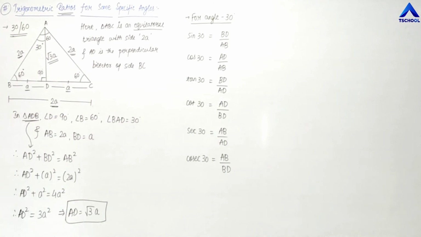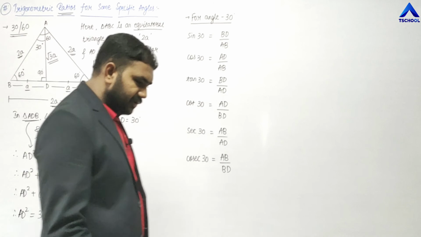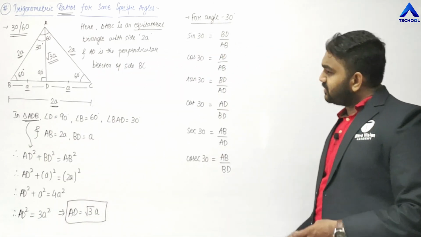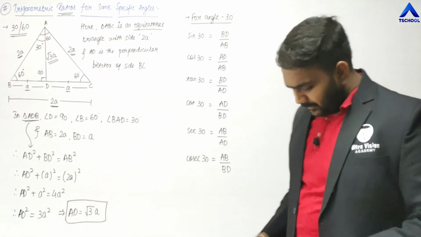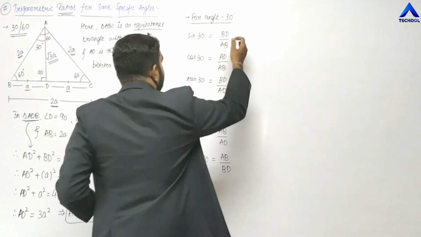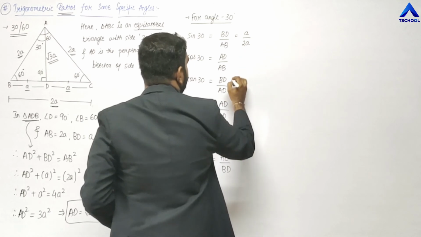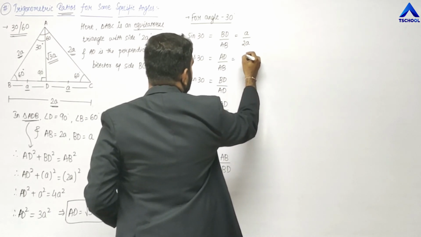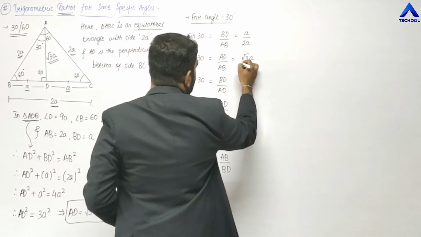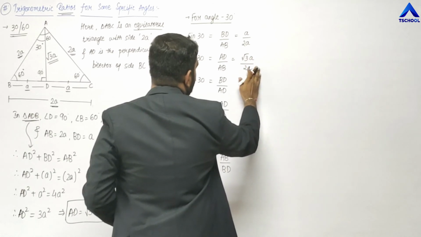We got the ratios for everything. Now you just need to put down the values that we have already found. BD is A, AB is 2A. AD is root 3A upon 2A.